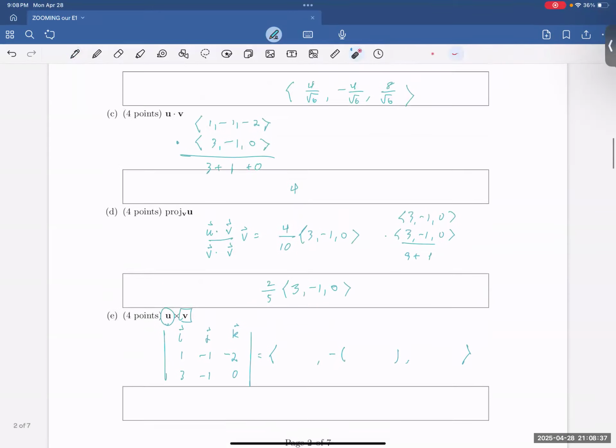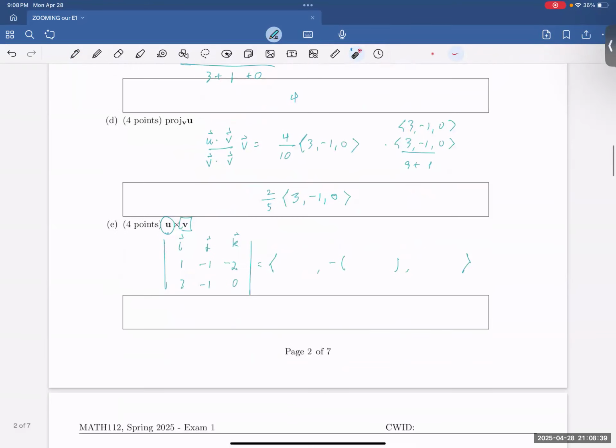All right, so the i component, first component, is going to be the sub 2 by 2 determinant. When you knock out the i column and i row, it leaves you with this 2 by 2 determinant. Determinant would be 0 minus a positive 2. Oh, sorry, -2. Here, let's write that out. 0 minus 2. The middle j term.